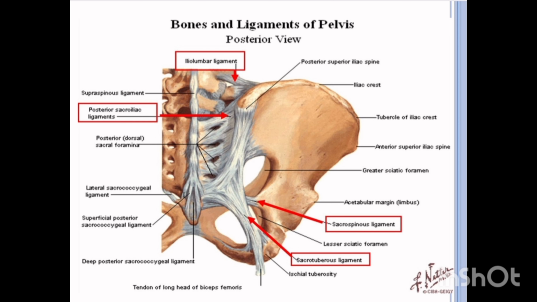In this picture you can see how the ligaments are connected to the pelvic bones, and this is the posterior view of the pelvis.